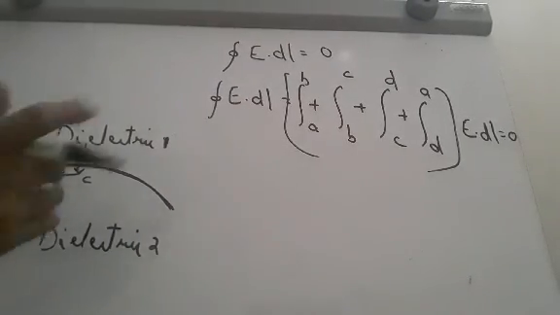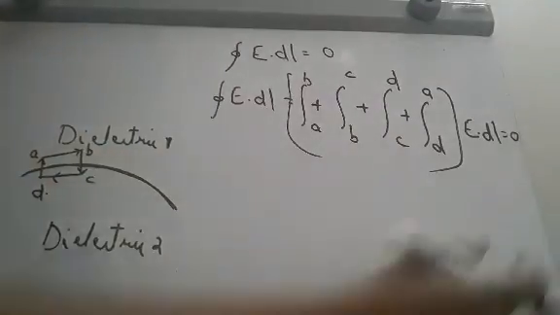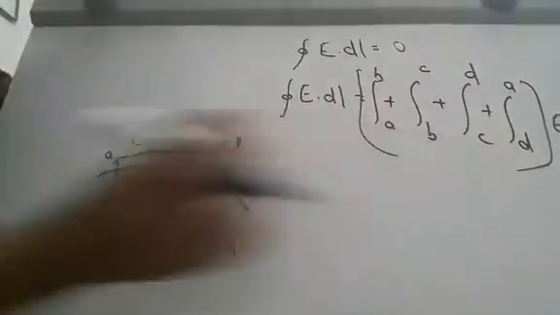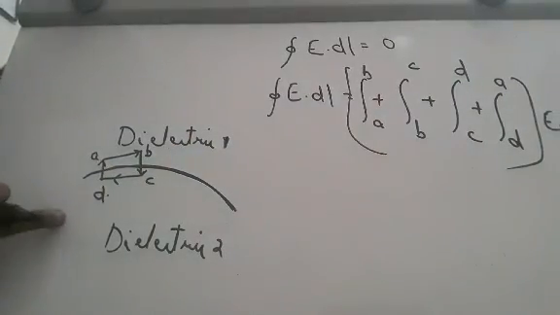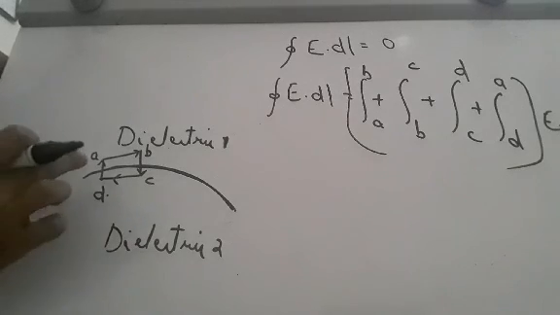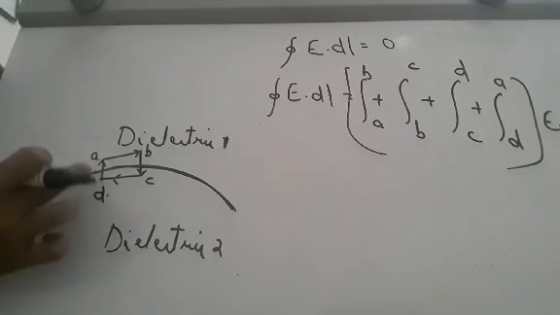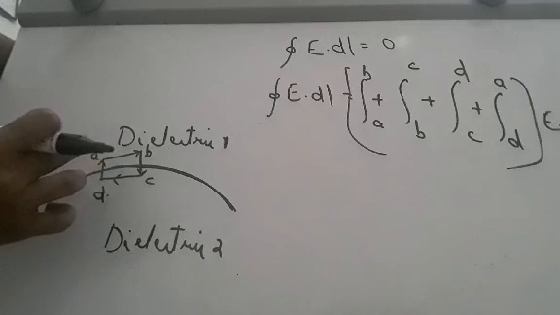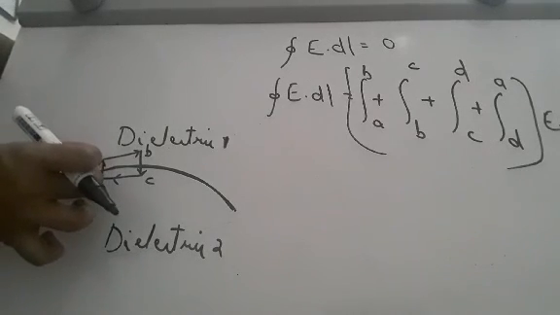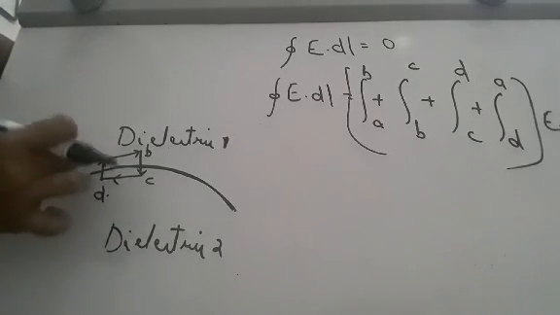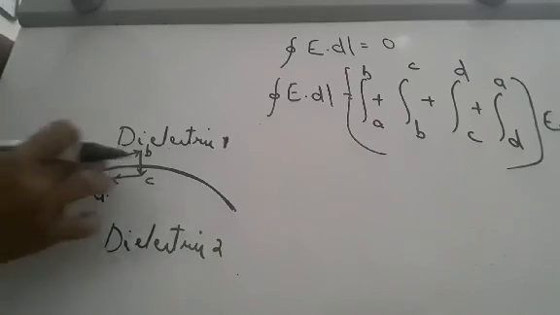So here we can take the figure again. This delta h is tending to 0 in the case of an interface. So there is no need to take these two sides.